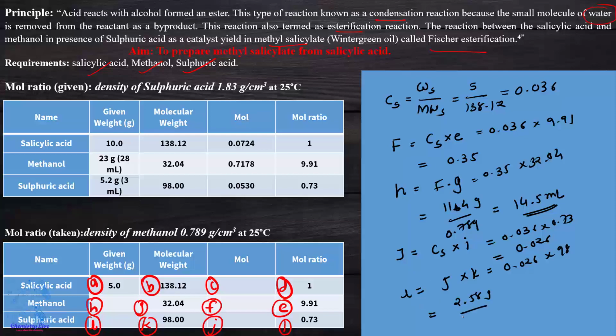The density of sulfuric acid is 1.83, so dividing by the density we have 1.41 ml. So that is the volume of sulfuric acid and the volume of methanol. If we want to start an experiment with 5 gram of salicylic acid, we must have 14.5 ml of methanol and 1.41 ml of sulfuric acid. It's concentrated sulfuric acid.